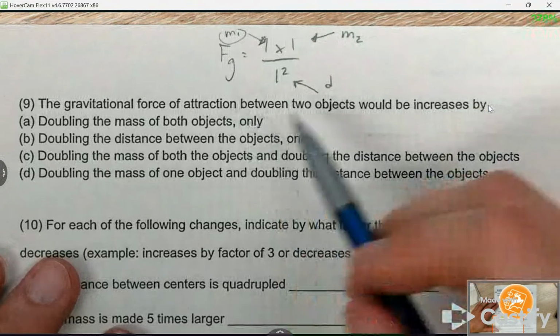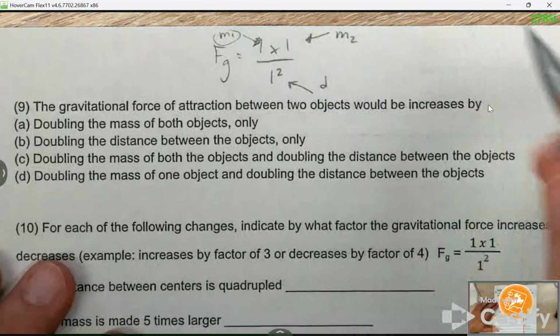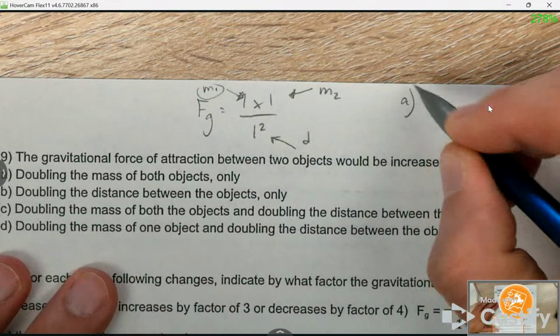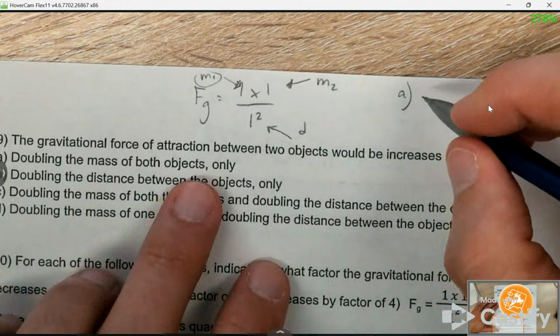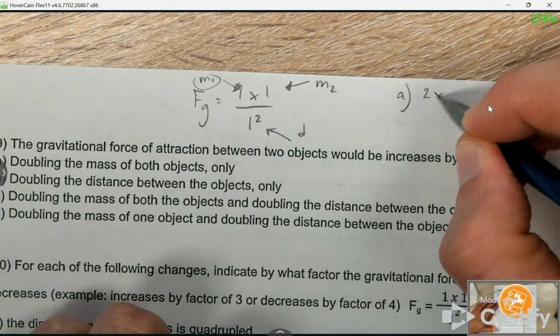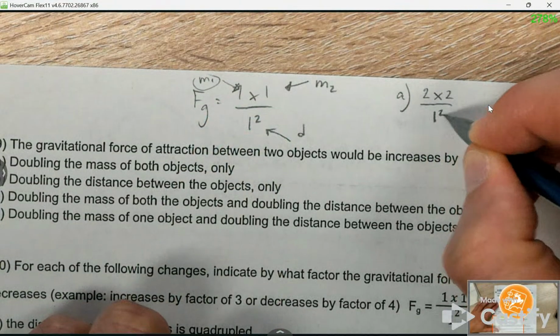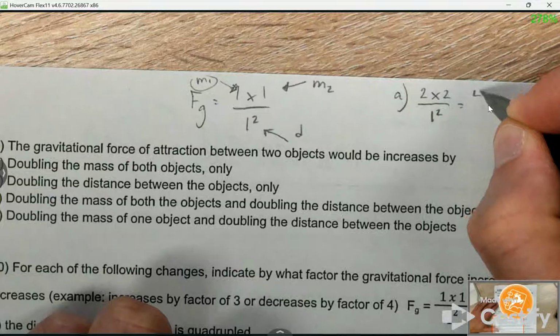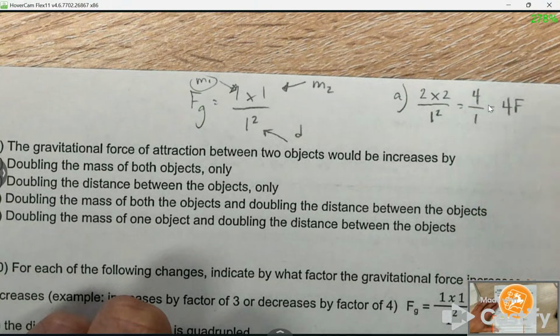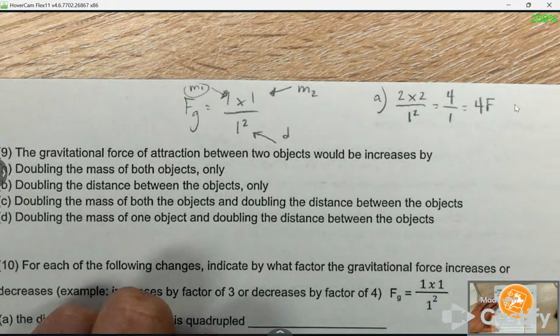If you double the mass for both objects only, so for A, 1 and 1 become a 2 and a 2. Nothing happened to distance. 2 times 2 is 4. 1 squared is 1. It would be 4 times the force. So that would be your answer for part A.